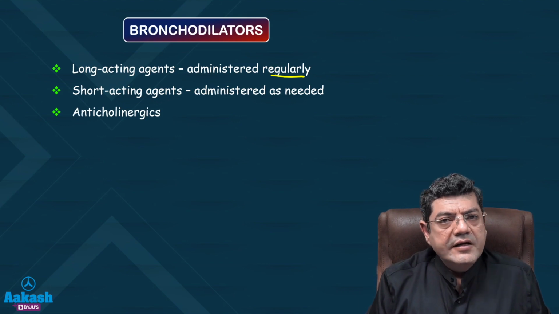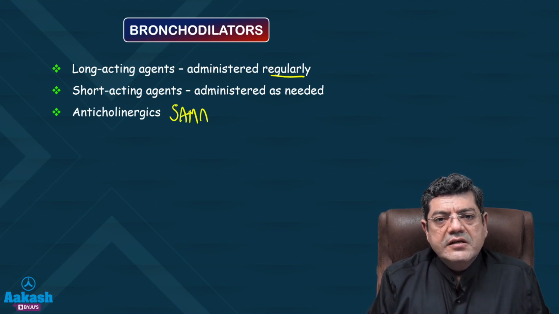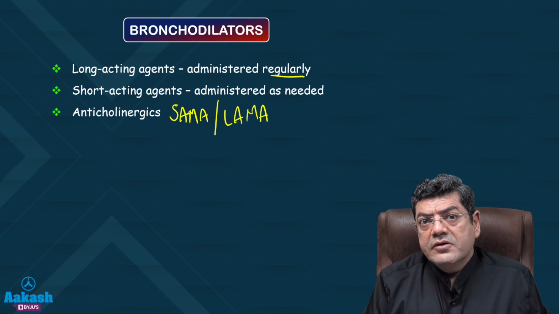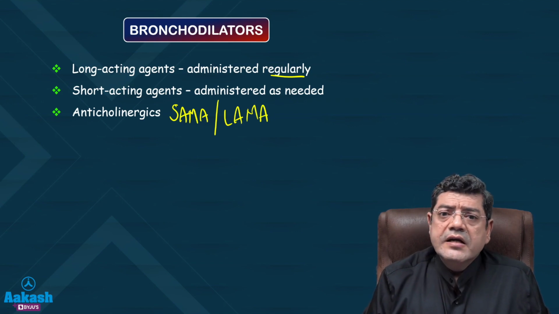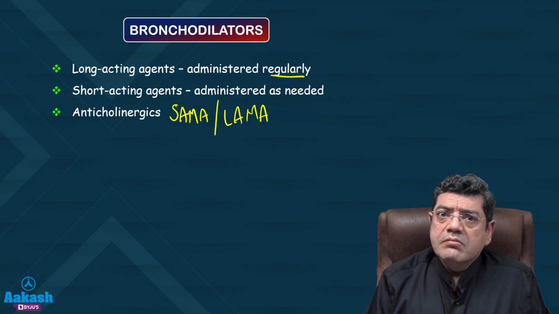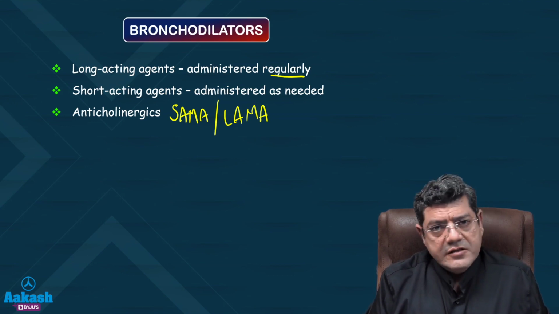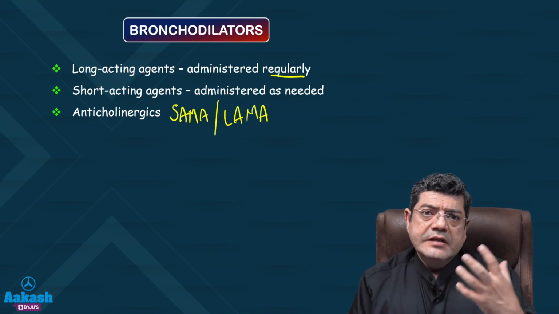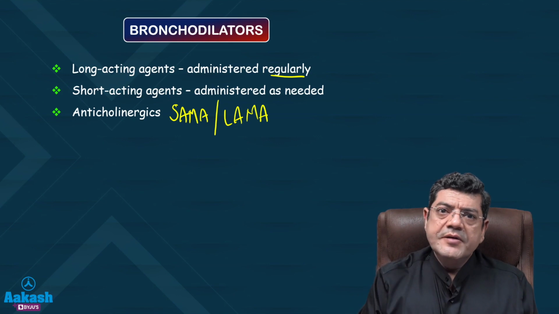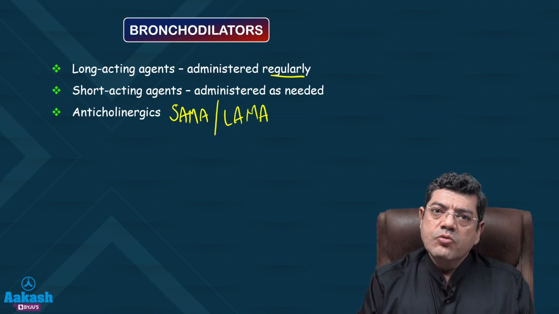So, they can be anticholinergics, and these are short-acting muscarinic antagonists or long-acting muscarinic antagonists. Compared to the asthmatic patient, anticholinergic or muscarinic antagonist agents are much more useful in these patients. In asthmatics, beta agonists are more useful bronchodilators; in the COPD patient, anticholinergics are more useful.